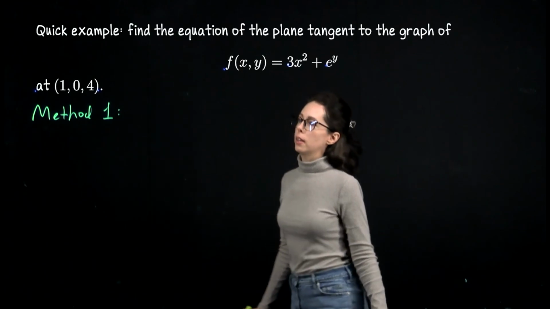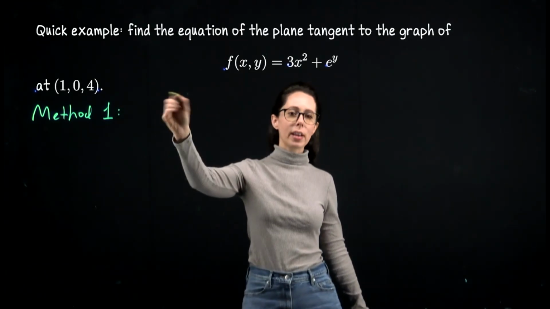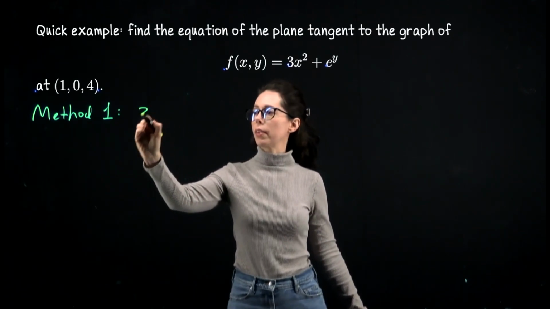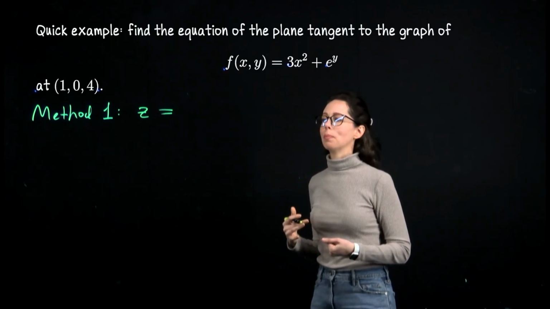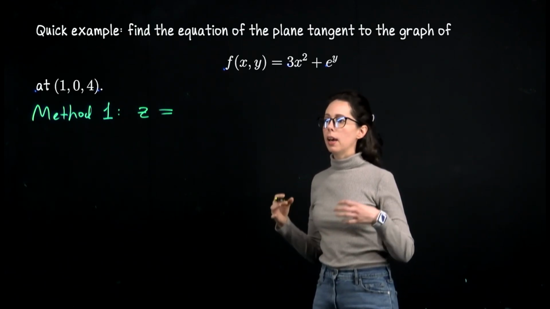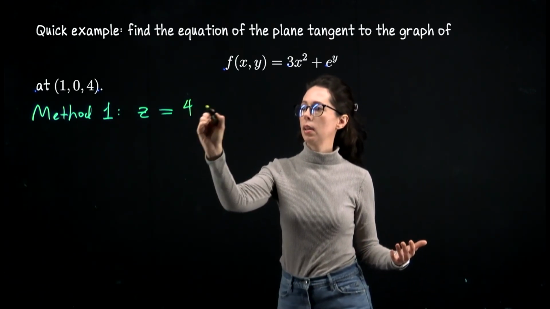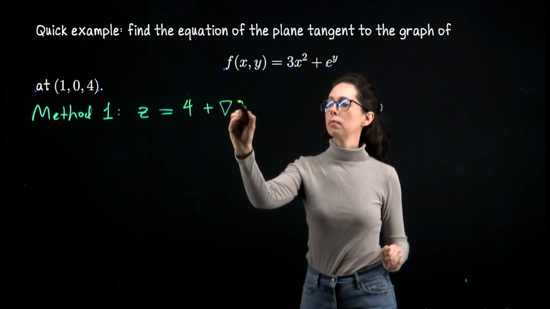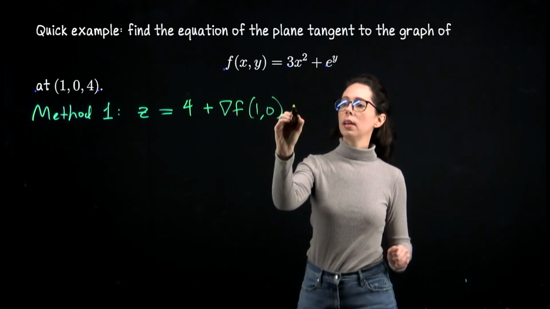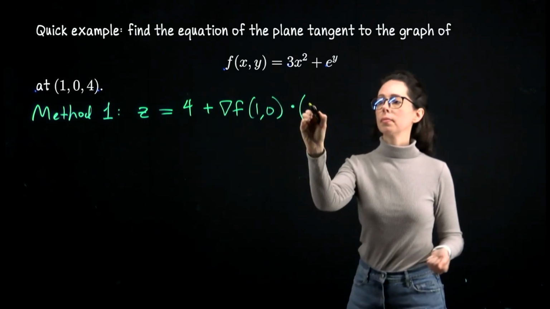For method 1, what you could write as L of x and y for linear approximation, I'm actually going to write z. Just means it's the output of doing the linear approximation. It would be f of 1, 0, that's 4, plus the gradient of f at 1, 0, dotted with x minus 1, y minus 0.